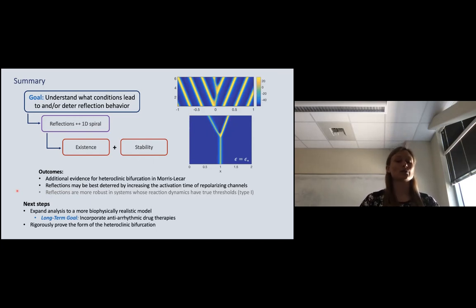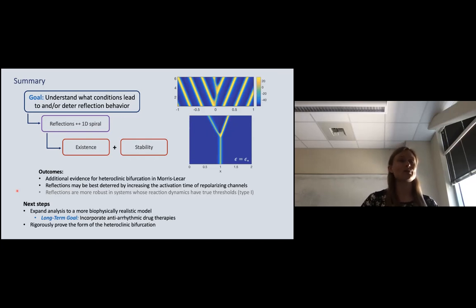So really the long-term goal is that we want to be able to expand this analysis to a more biophysically realistic model and eventually be able to incorporate some antiarrhythmic drug therapies to understand if and how they're influencing the probability of reflection-mediated arrhythmias.